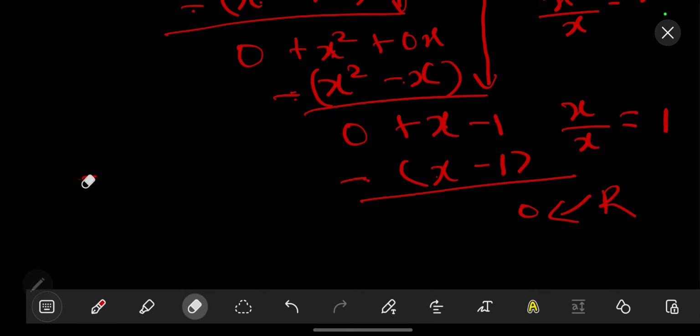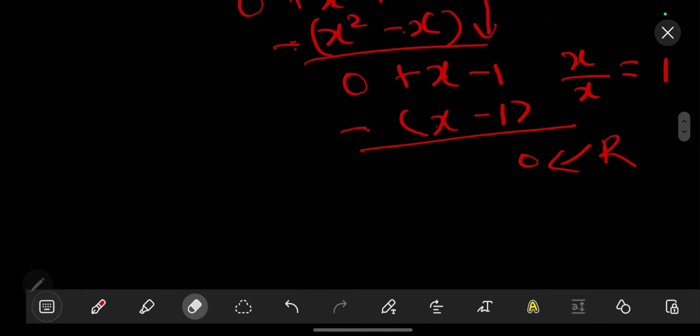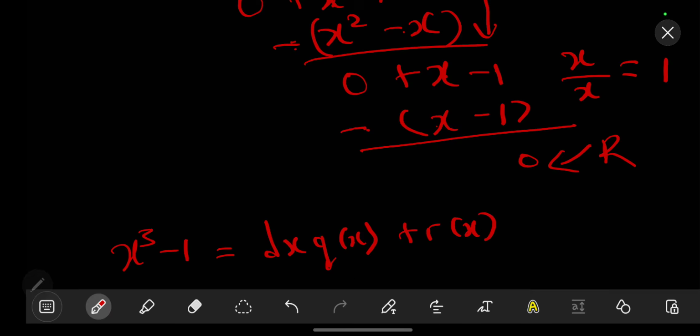So expressing it into the division algorithm, we are going to have our equation, which is x cubed minus 1 should be equal to d(x) q(x) plus r(x), which is our remainder.